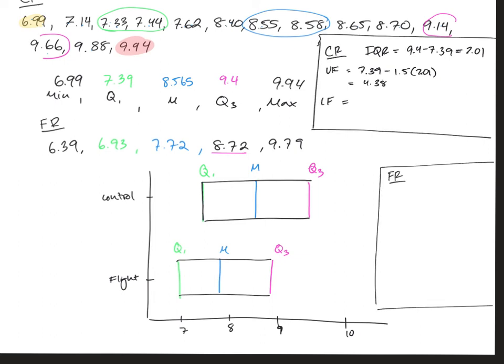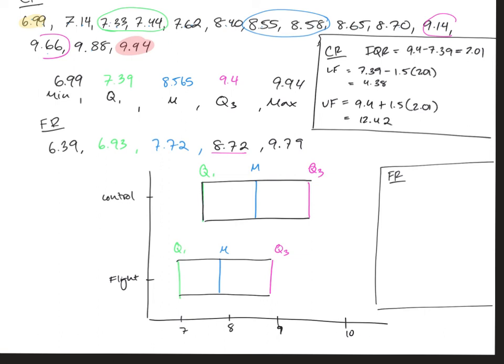For the lower fence, oh, sorry, labeled that wrong. That's the lower fence, and that's the upper fence. That's going to be 9.4 plus 1.5 times your IQR, and that'll give you 12.42.